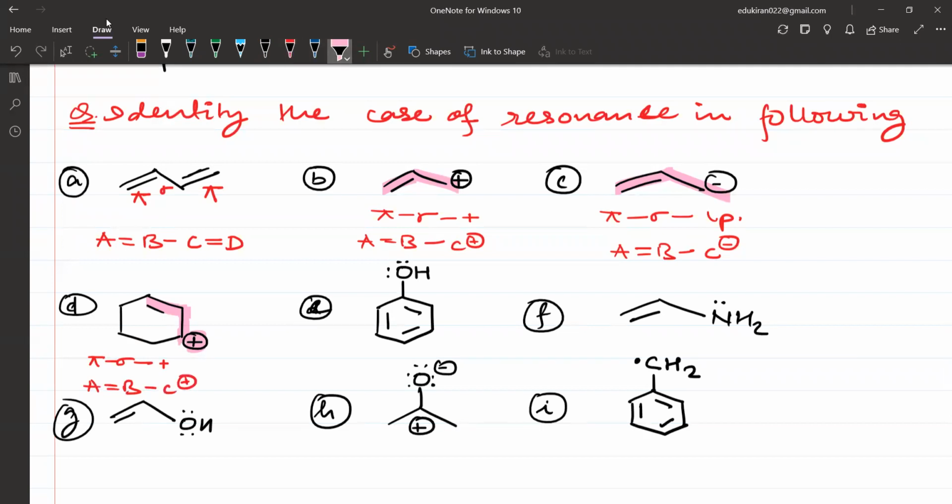Now look at this next case. Here we have A double bond B, single bond C with a lone pair electron.